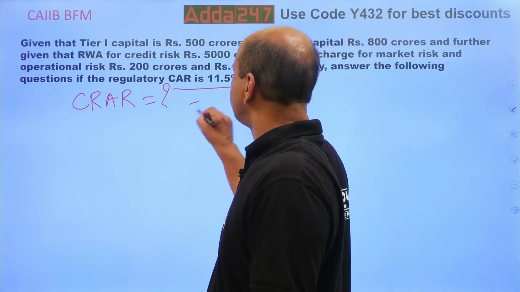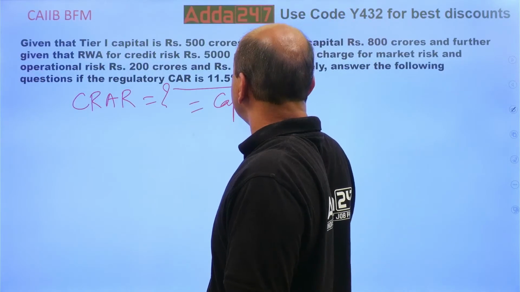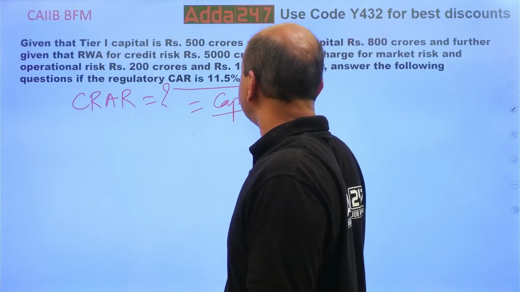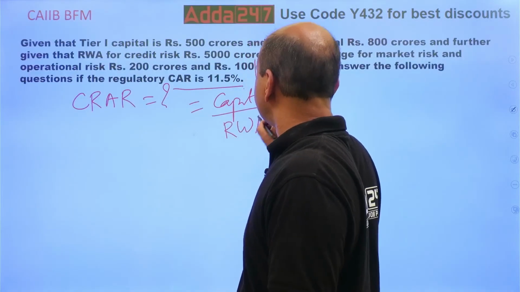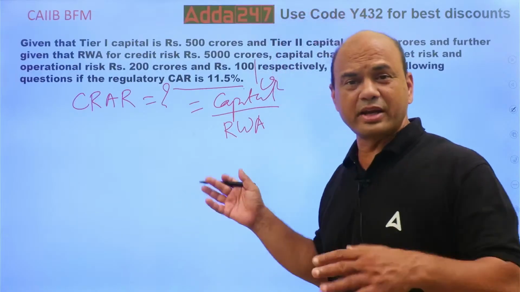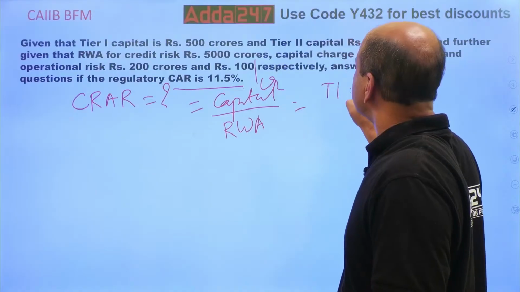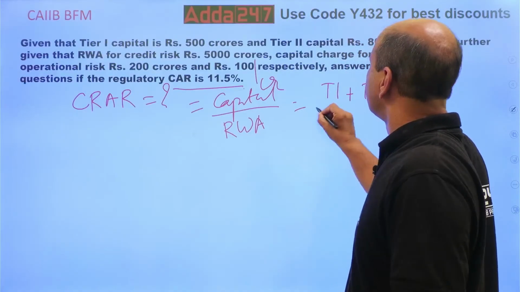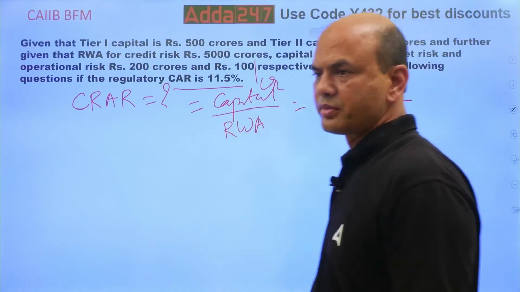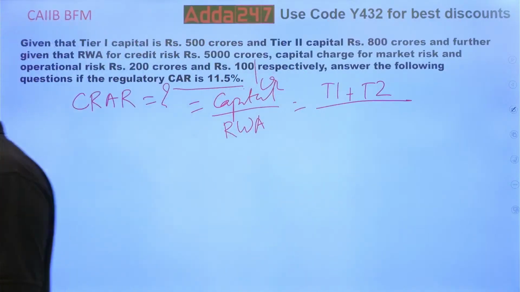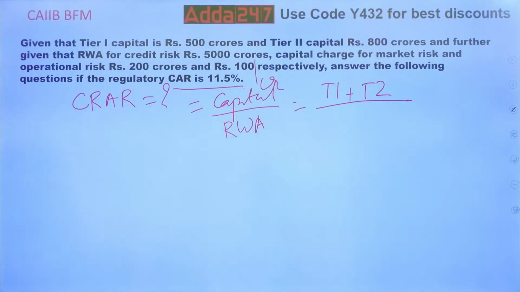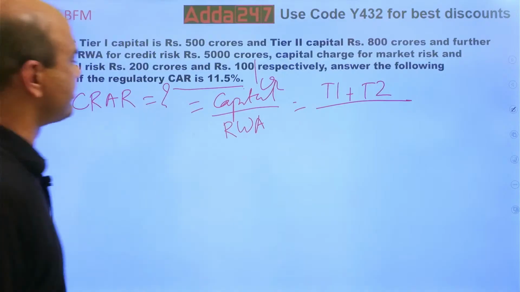CRAR equals capital upon RWA. Simple. Again break it up. Capital means tier 1 plus tier 2. Capital is tier 1 plus tier 2. And RWA is what?